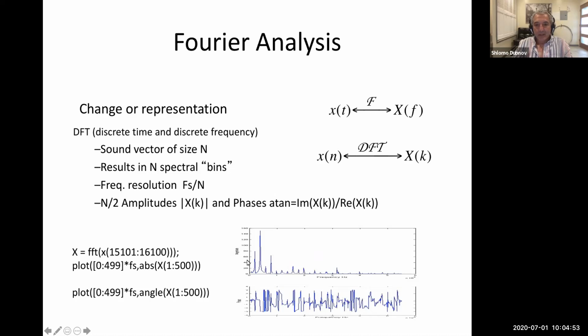People tend to make the reflection around 0, so you'll have the flipped version: a small peak here, a larger peak here, and it goes down like this. But because it's redundant, we just plot 500 of them, and these are the amplitudes of the different frequency components.